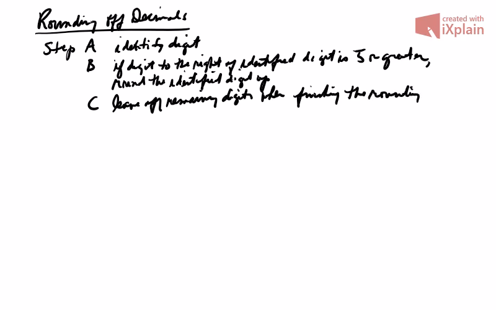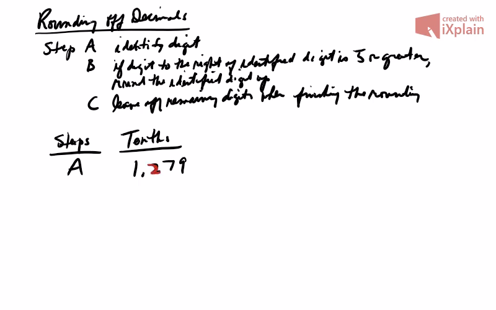Okay, for example, we're going to round this first one to the nearest tenth. So step A is to identify the specific digit. Let's say that we've got 1.279. The identified digit is 2 because that's in the tenth location.